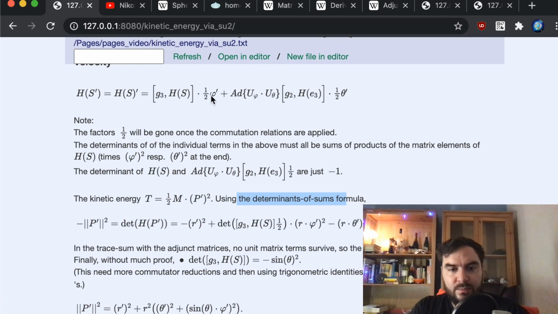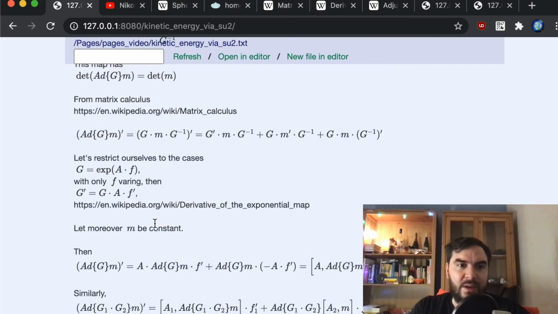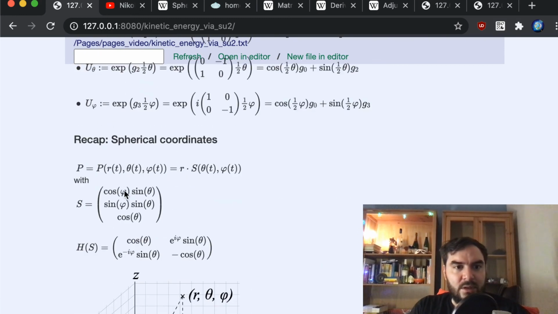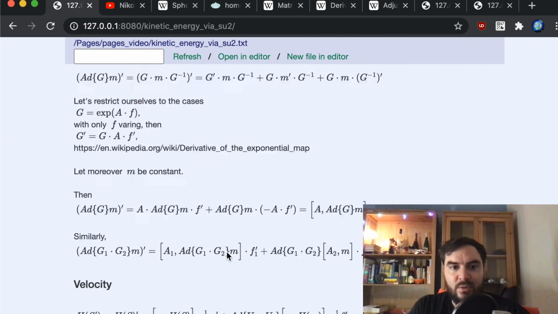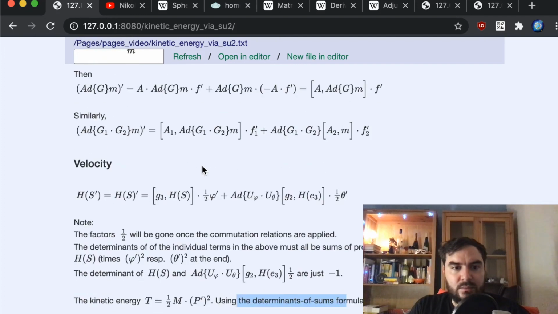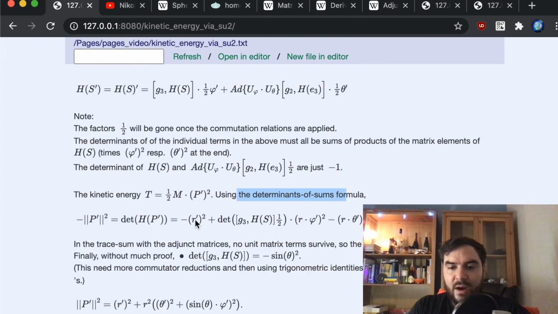And the R comes from the multiplication. Sorry for being a little bit in a hurry here, but the P is R times the point, so H of P is R times H of S. This is what we are dealing with. This R is simple, it's just a product rule. That's why you get the derivative of R here. And if you use the determinant formula, then you compute the individual determinants, and then you have to square everything because you're dealing with two matrices.